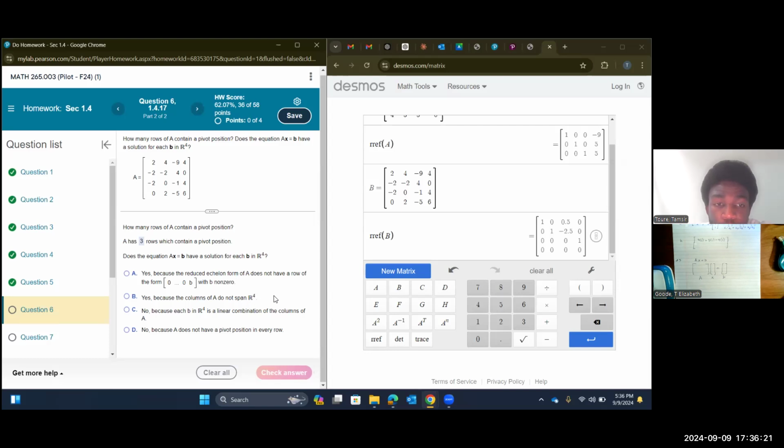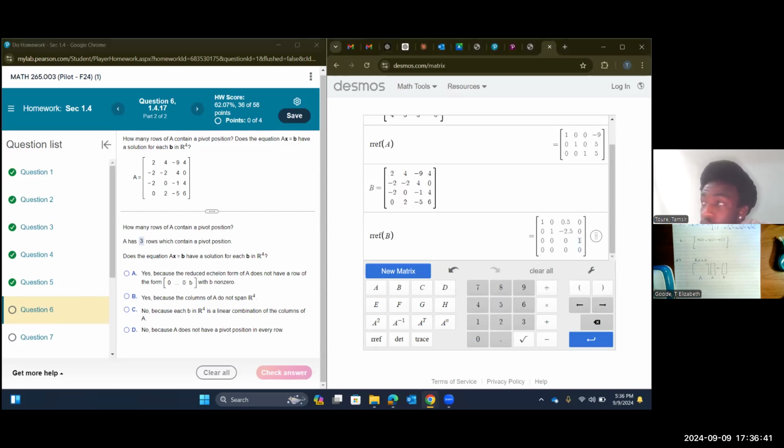And in fact, getting a pivot in that rightmost column of a reduced augmented matrix is exactly what it means to have a system that's inconsistent and has no solution. Did I say row? I mean the last column.